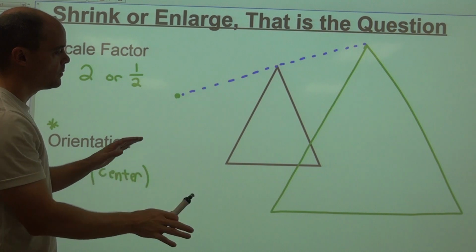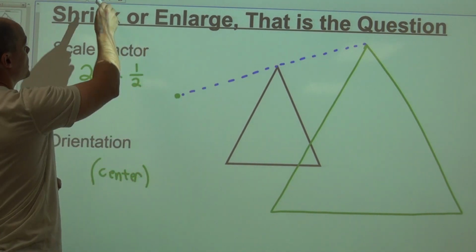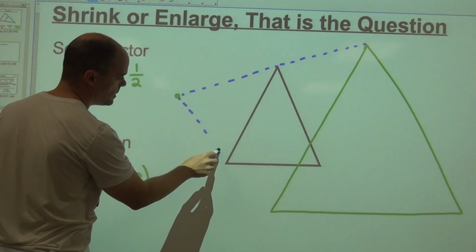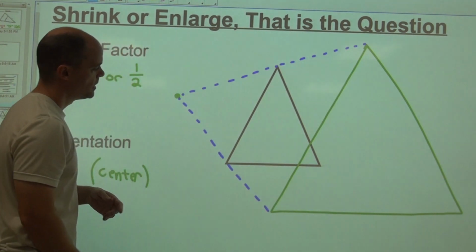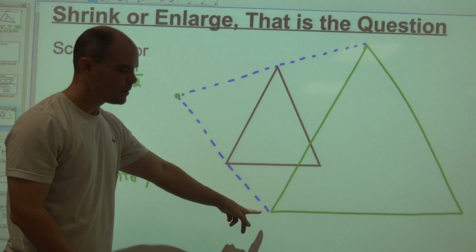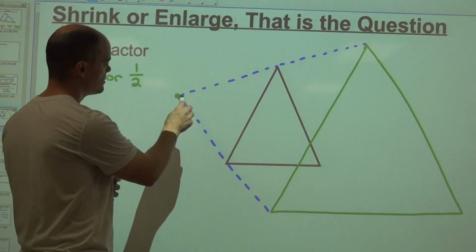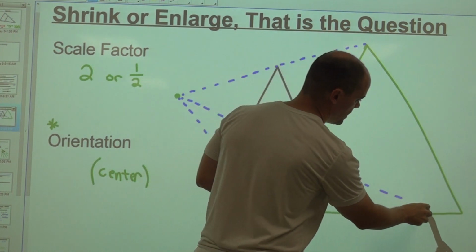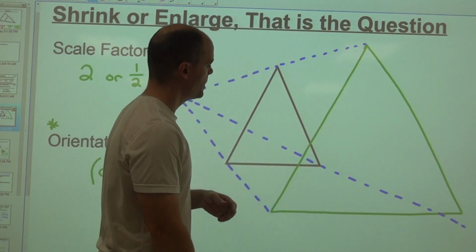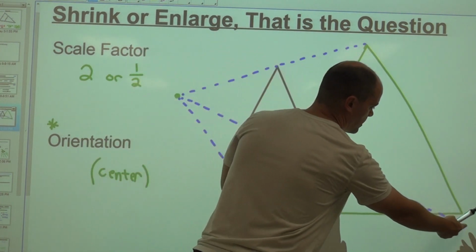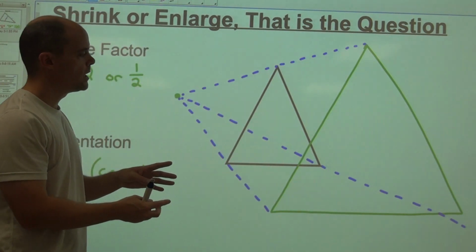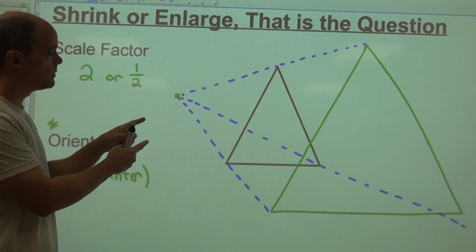And I completely winged this and didn't measure anything, but I'll know I'm close because these should all line up, and this distance should have been double, so my estimation was off, and these should fall straight in line, and I'm slightly off here, and this distance should have been doubled here. And I never needed to measure the green triangle. I never needed to measure the black triangle.